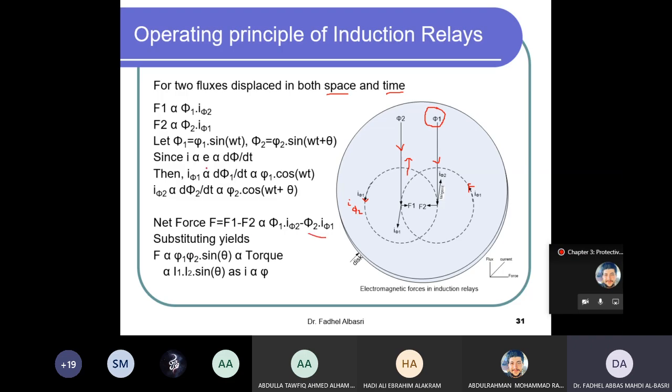Now, if we assume that the fluxes are sinusoidal and phase shifted by theta, then when I take the current, I know that the current is proportional, because the induced EMF is equal to N d phi by dt, right?